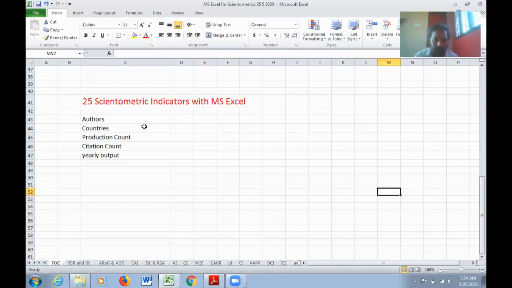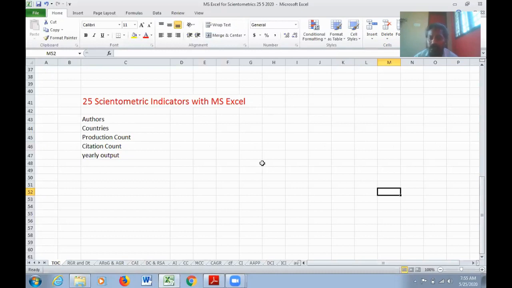Then we talk about production count, how many papers are published. Based on citation counts, we have a good number of scientific indicators, and based on yearly output we calculate many more. So across these fields, we have around 25 scientific indicators.